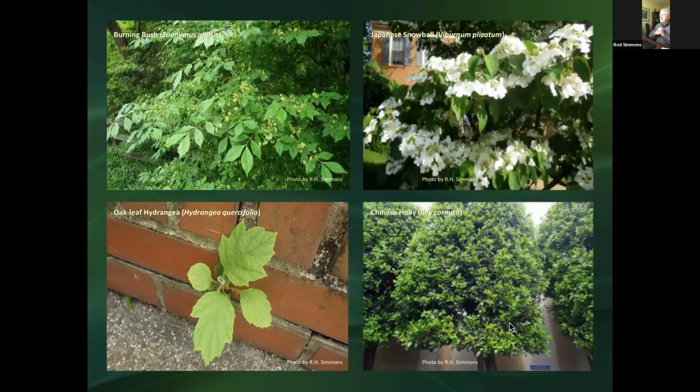These are some common shrubs in landscaping, and I'm not going through every single one. There's just not enough time to go through all these guys. You all know these plants well, but these are some of the dominant and most troublesome weeds we have. Burning bush, for instance. Everybody loves the brilliant scarlet fall color on this plant, but it's extremely invasive.